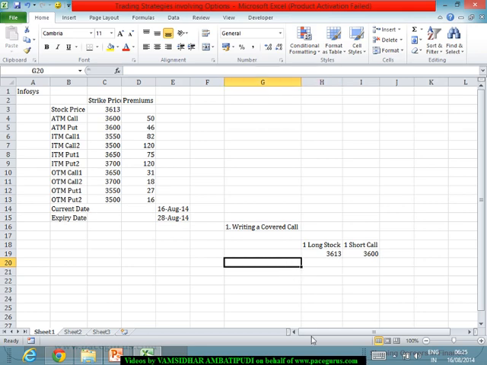Now the way I would like to work out the profit positions is, what if the stock price goes to different values on the expiration date.